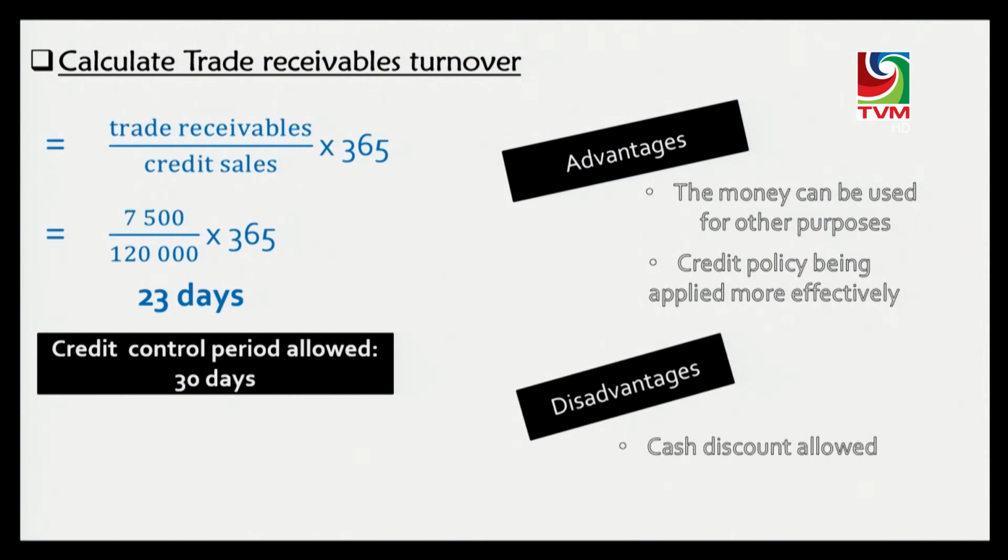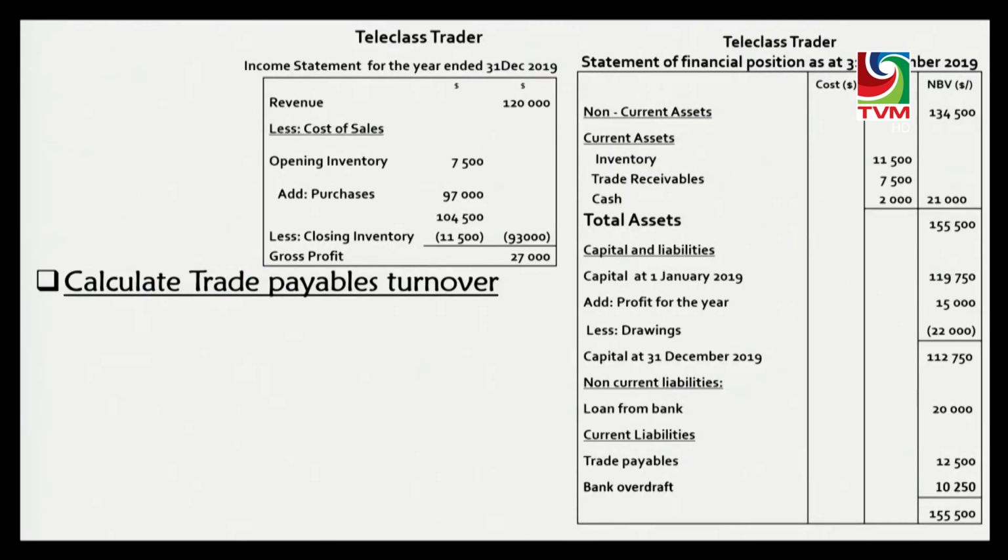And the disadvantage is that the business has to give cash discount to the trade receivables if they are paying on time. So here you are asked to calculate trade payables turnover, and the formula is trade payables divided by credit purchases times 365.